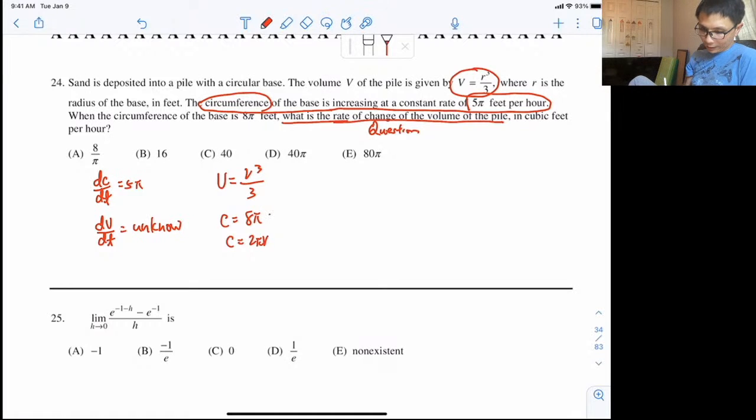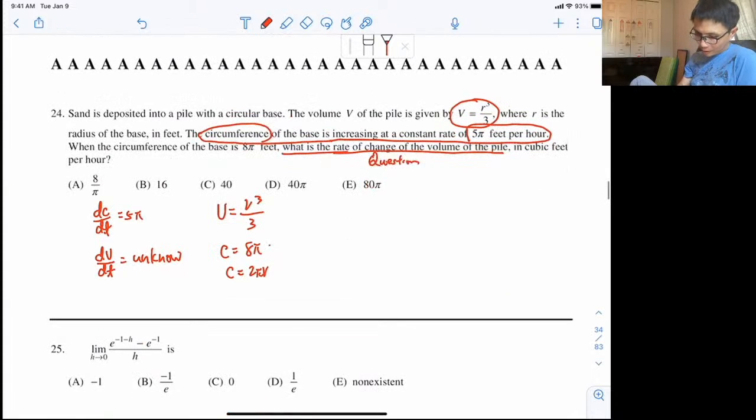So first of all, you have to be able to decode everything into small pieces, and then you go in to figure out what happened. They obviously want dV/dt, so that means you have to take a derivative of this one. So I'm going to go ahead and take a derivative of that one and see what else I need. So dV/dt.